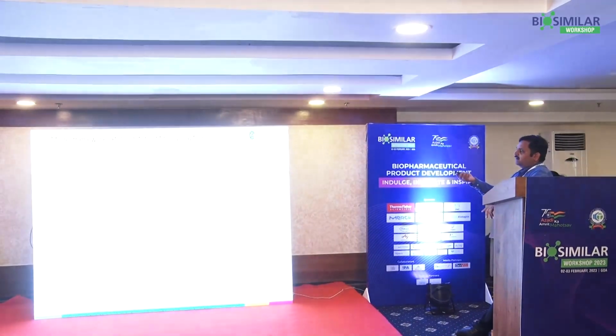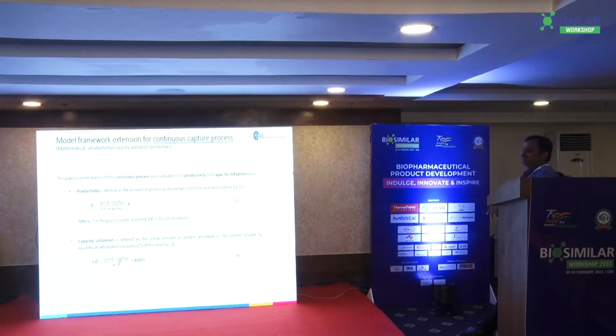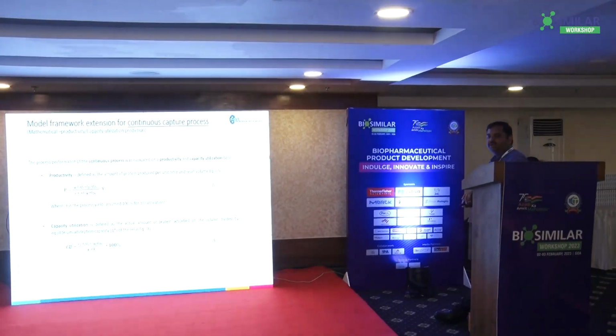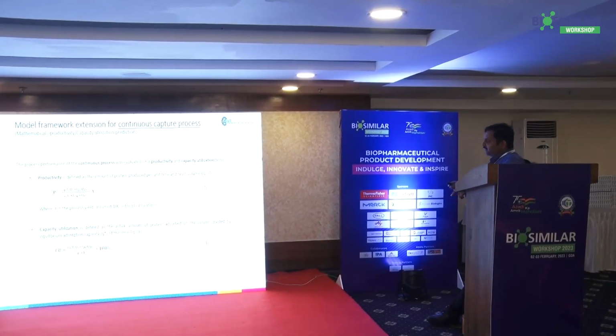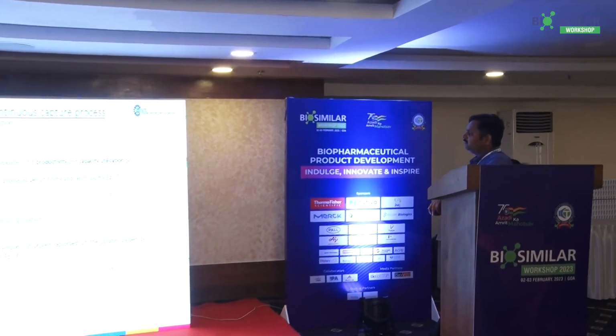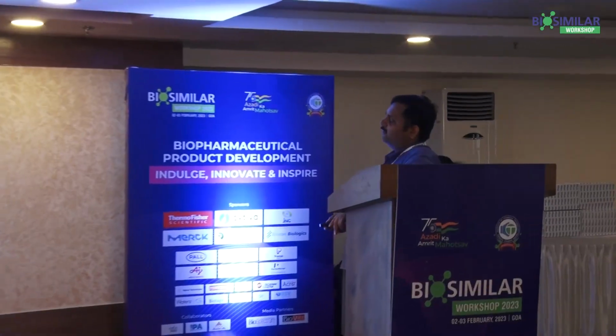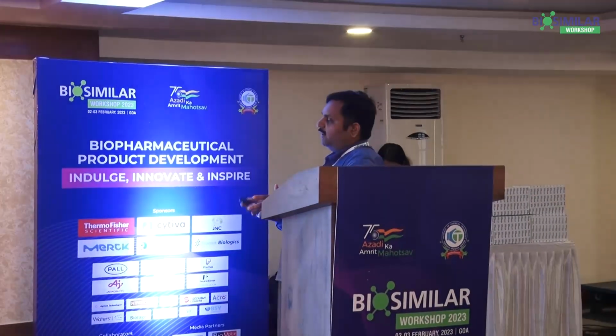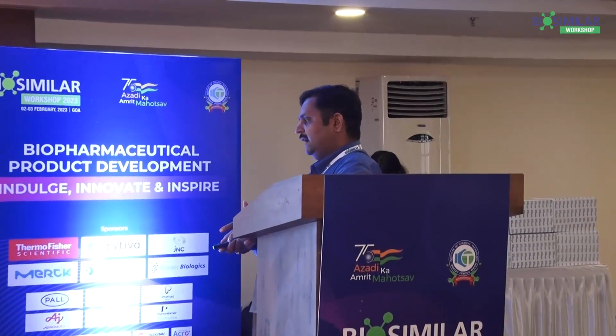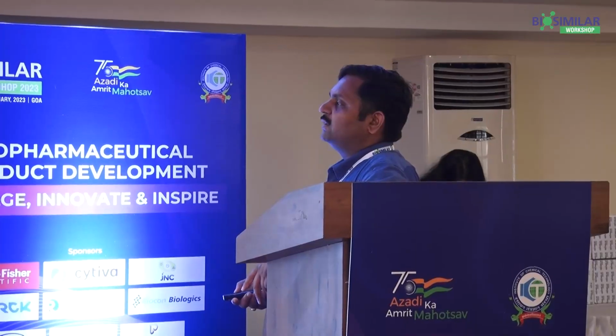And we consider 100% yield because there is no intention to lose the product. Capacity utilization is the second term. For the continuous process, we have to consider what amount of protein is being bound and what is the capacity of the resin. So these are the 2 important factors we have to consider in the model framework.